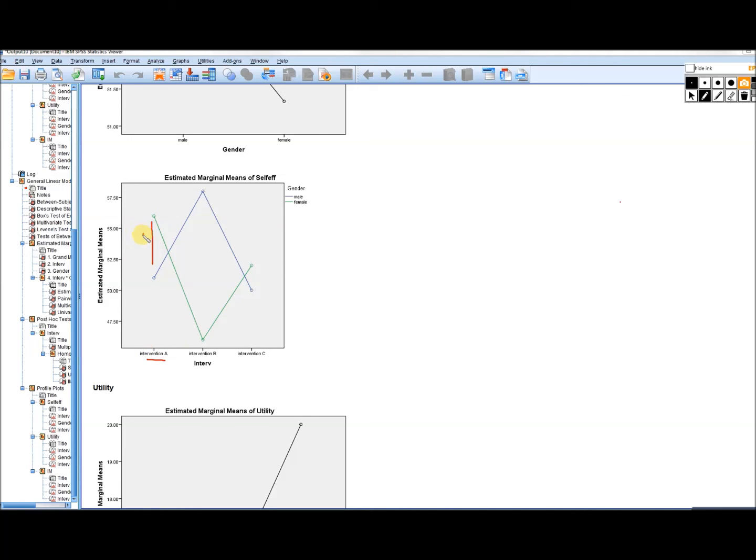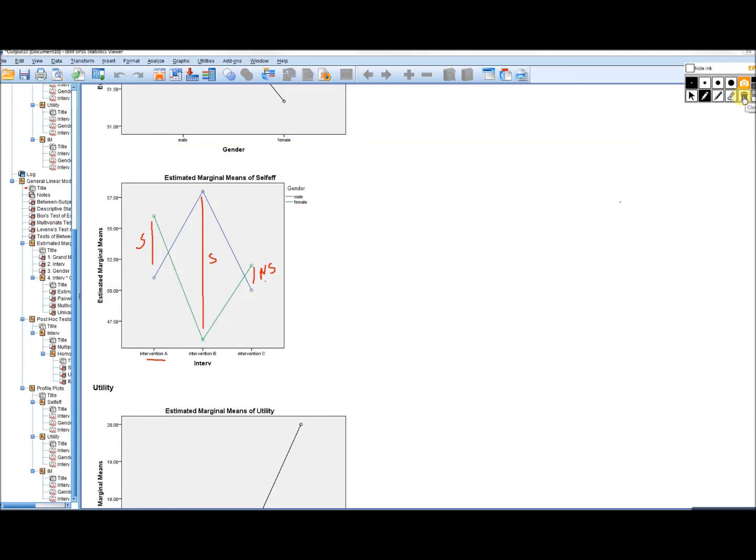Males were higher than females on self-efficacy in intervention B, and that difference was significant. And then males were lower than females here in intervention C, and that difference was not statistically significant.